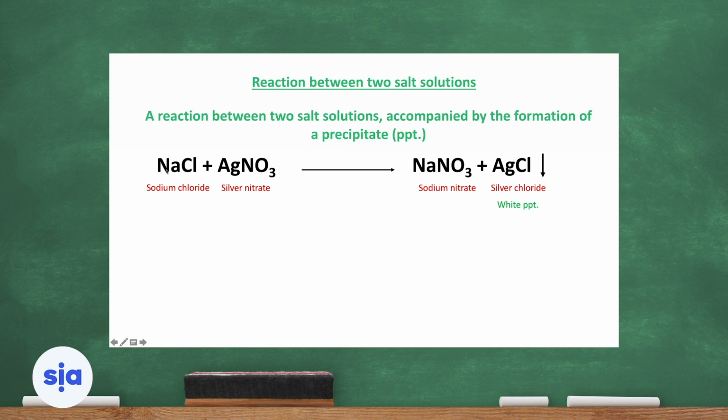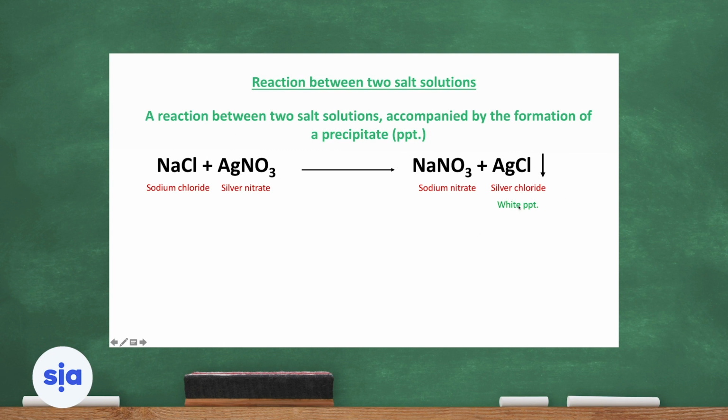Notice here that the sodium replaced the silver in this salt solution, resulting in sodium nitrate. And the opposite, the silver will replace the sodium in this salt solution, resulting in silver chloride. So again, there is an exchange between the elements in the two compounds.